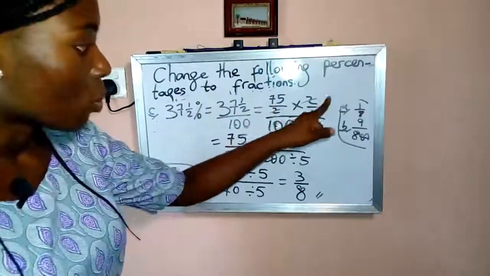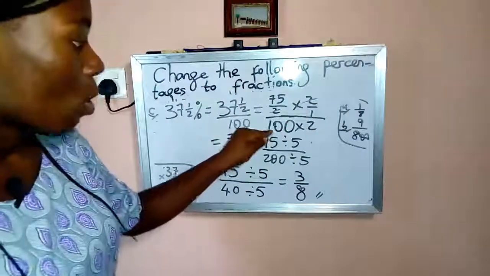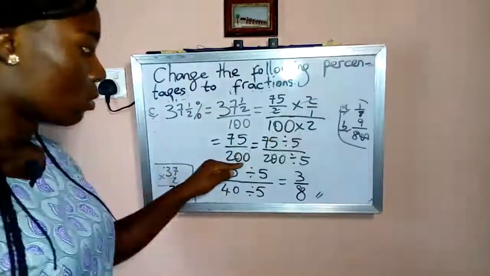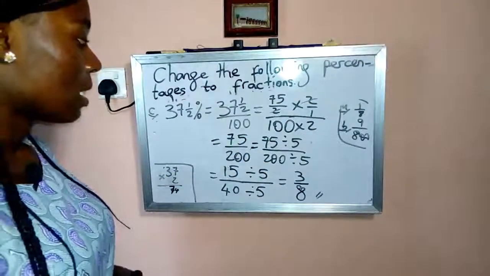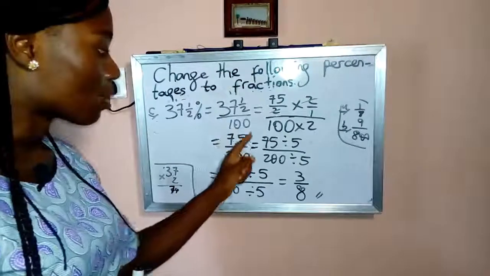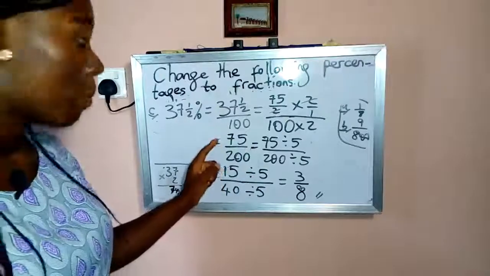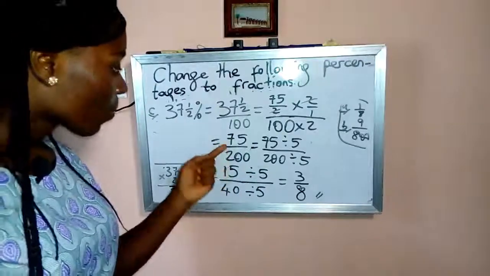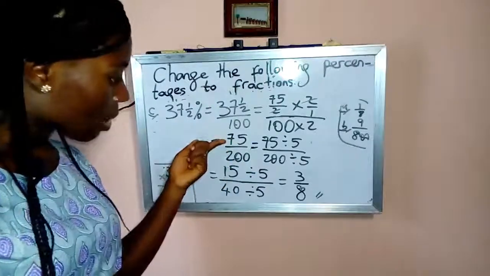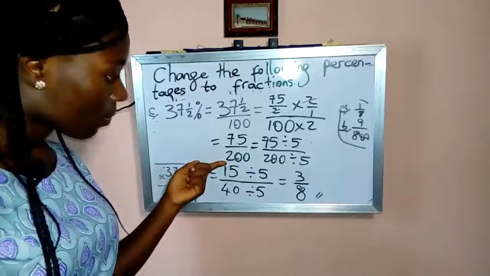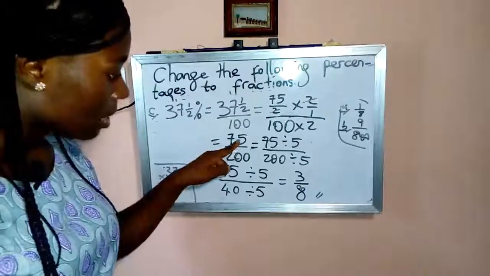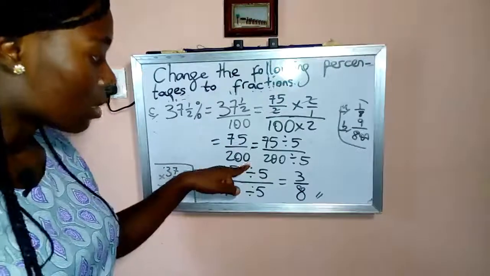75 times 1 gives us what? 75. 100 times 2 gives us 200. Now, this cannot be said to be our last term or lowest term or simplest form. Why? Because there's a number that can go into this and this. How did I know? The last digit here is 5 and the last digit here is 0.